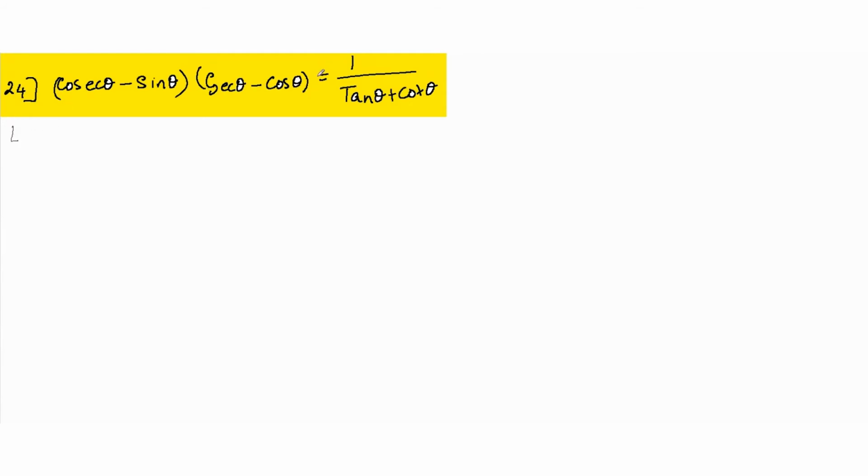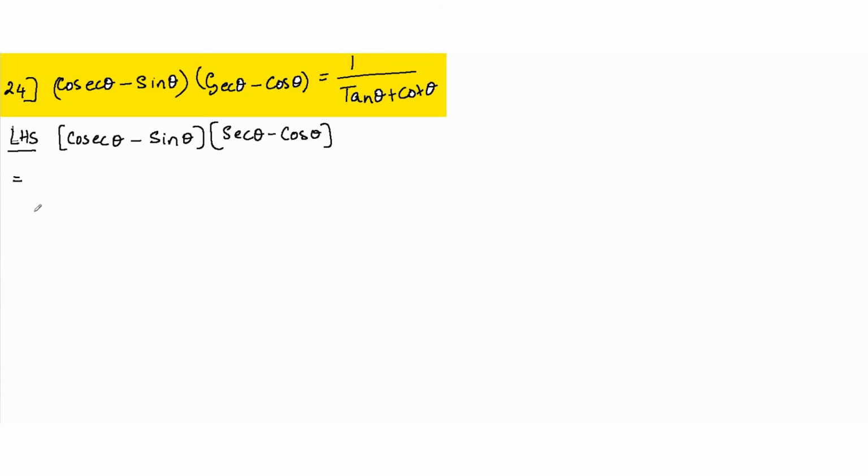So let's take the left hand side. So the left hand side is (cosec theta minus sine theta) times (sec theta minus cos theta).